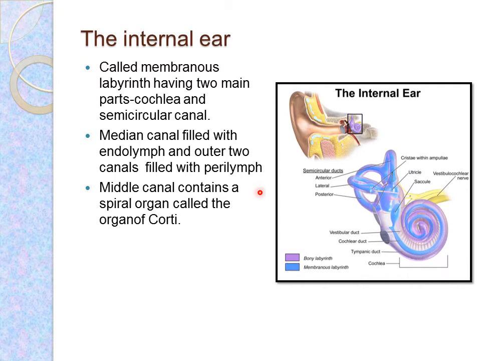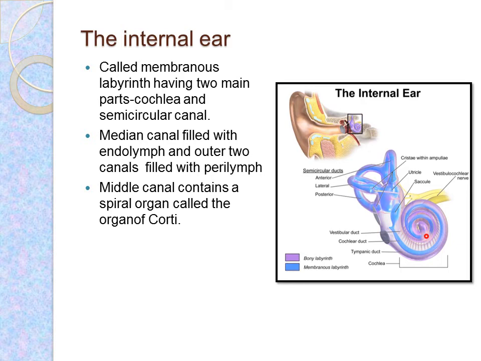Now next comes the middle canal, which contains a spiral organ called the organ of Corti. Okay, so this is called the organ of Corti. It contains a series of nerve cells and hair cells which join the auditory nerve and help in hearing. The hair cells, what are they doing? The hair cells inside this organ of Corti are very, very sensitive.